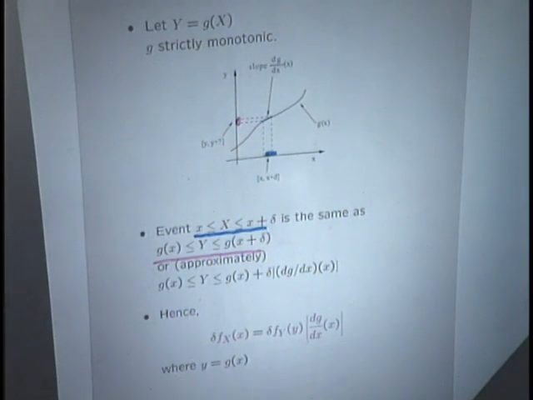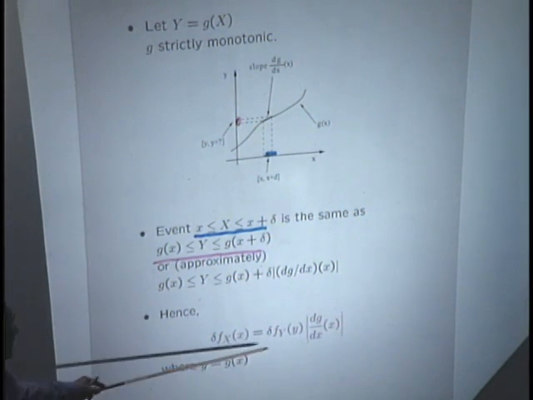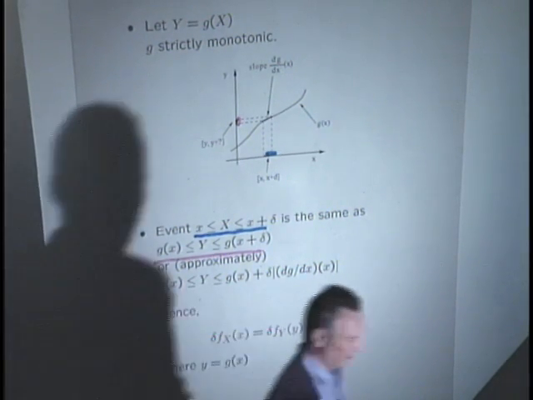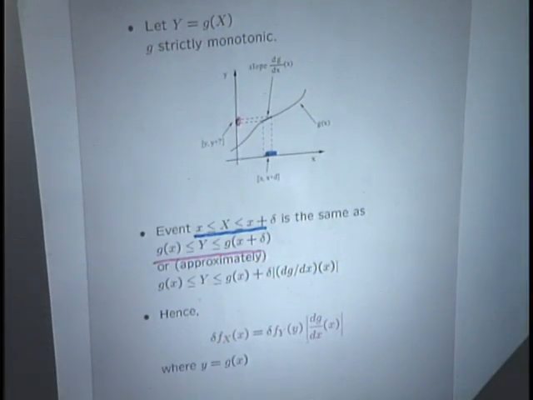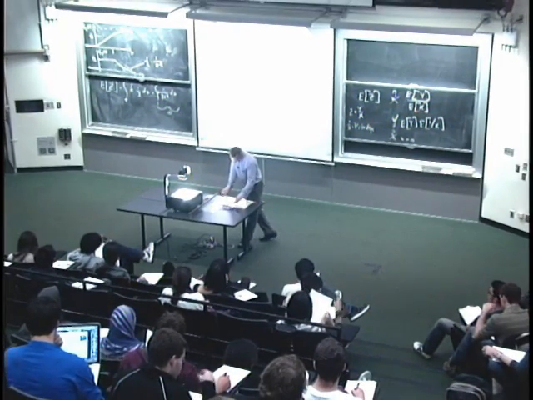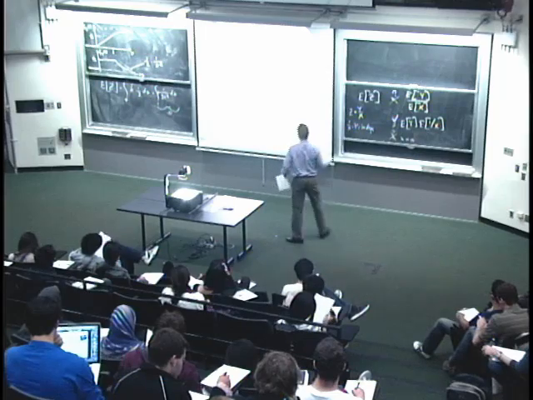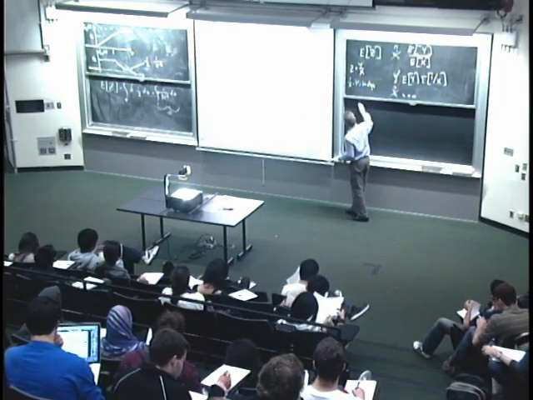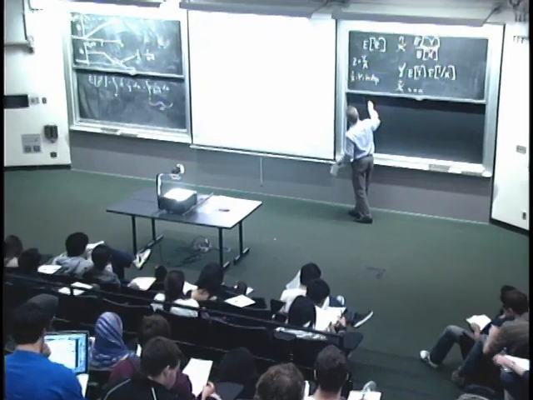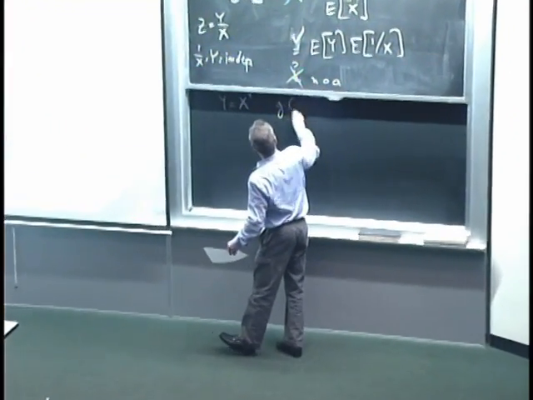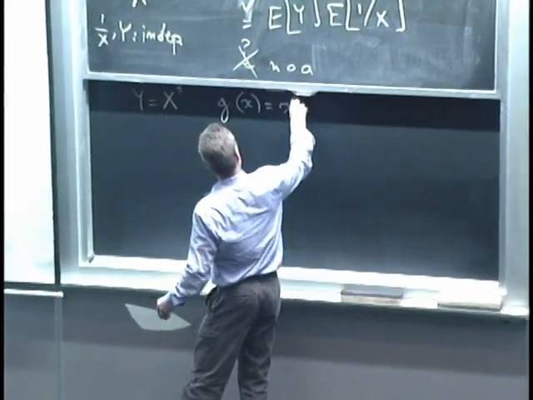Now, in the end, you want to come up with a formula that just gives you the density of y as a function of y, and that means that you need to eliminate x from the picture. So let's see how that would go in an example. So suppose that we're dealing with the function y equal to x cubed, in which case our function g of x is the function x cubed.